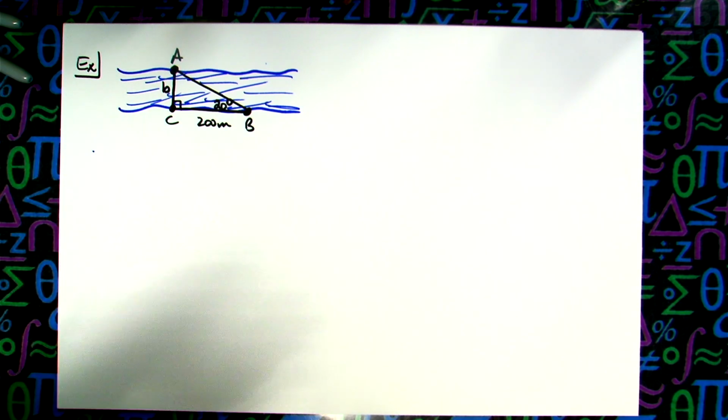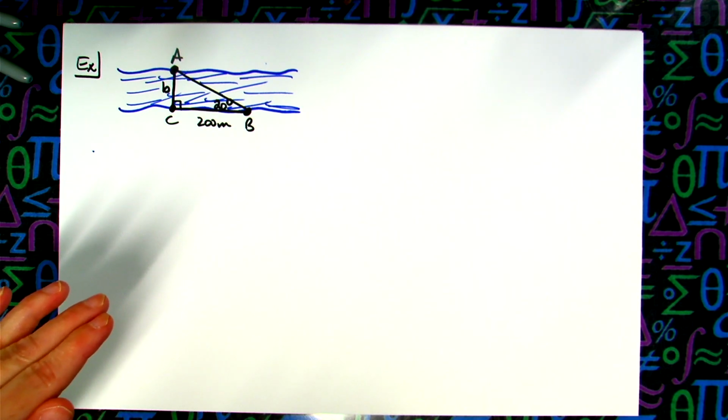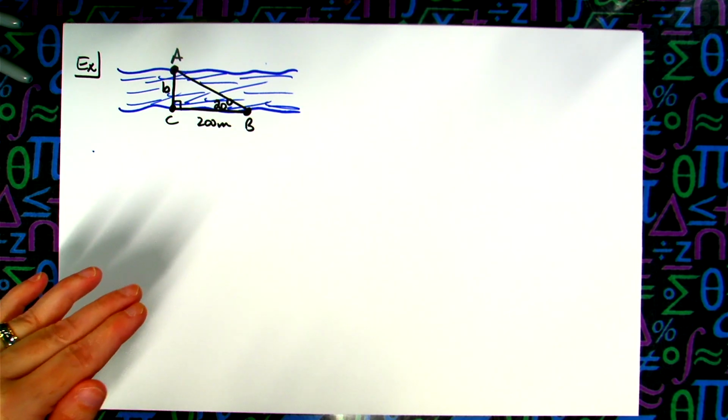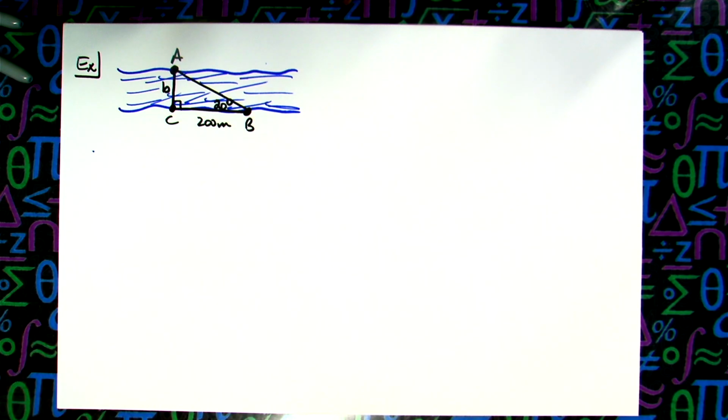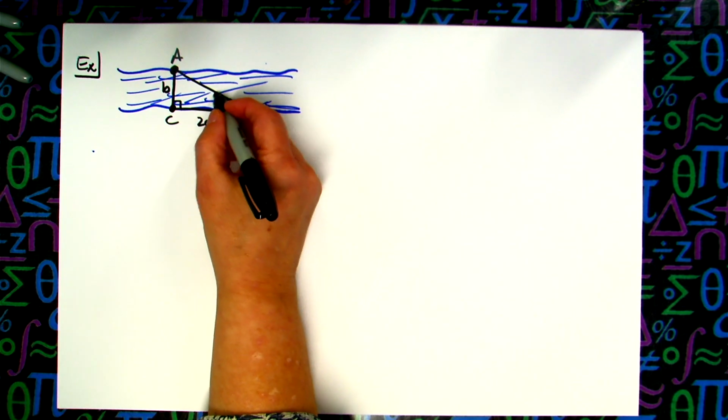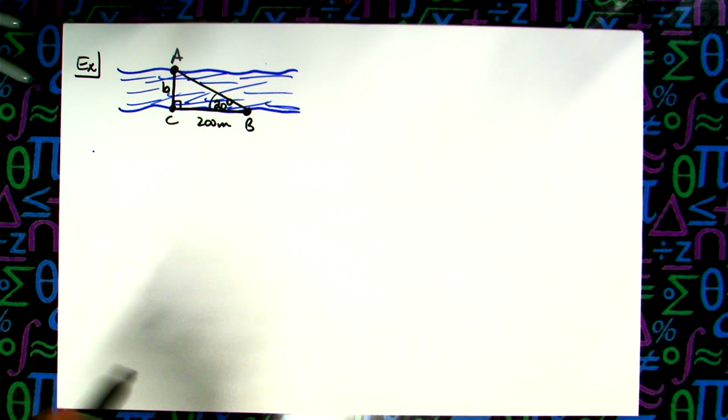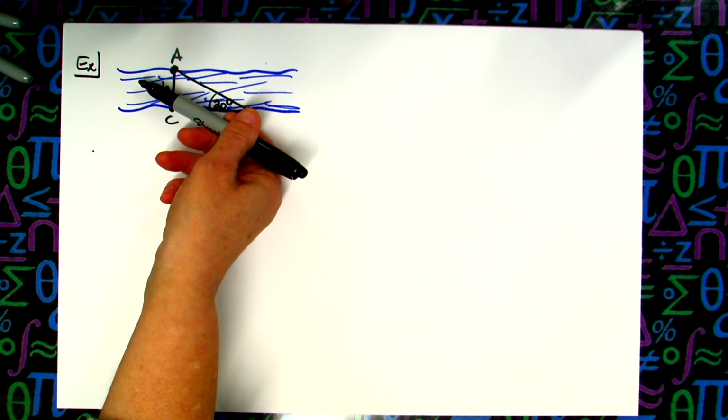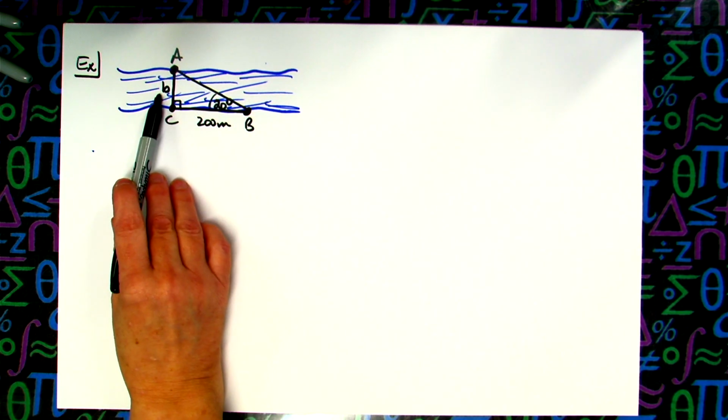So this one, straightforward. Right triangle, okay? We've done right triangle trig, right? So what's my equation? If I want to try to find the river width, this is my reference angle. What two sides do I have? What's this side over here? Opposite side.